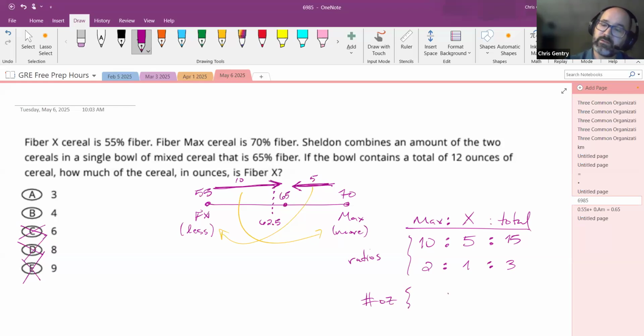And the only thing I know about the number of ounces is that I had 12 total ounces. Well, how does this ratio of 2 to 1 to 3 generate 12 total ounces? If I multiplied everything by 4, that's the only way this happens. 3 times 4 is 12. 1 times 4 is 4. 2 times 4 is 8. Which one did they ask for? They asked for X.